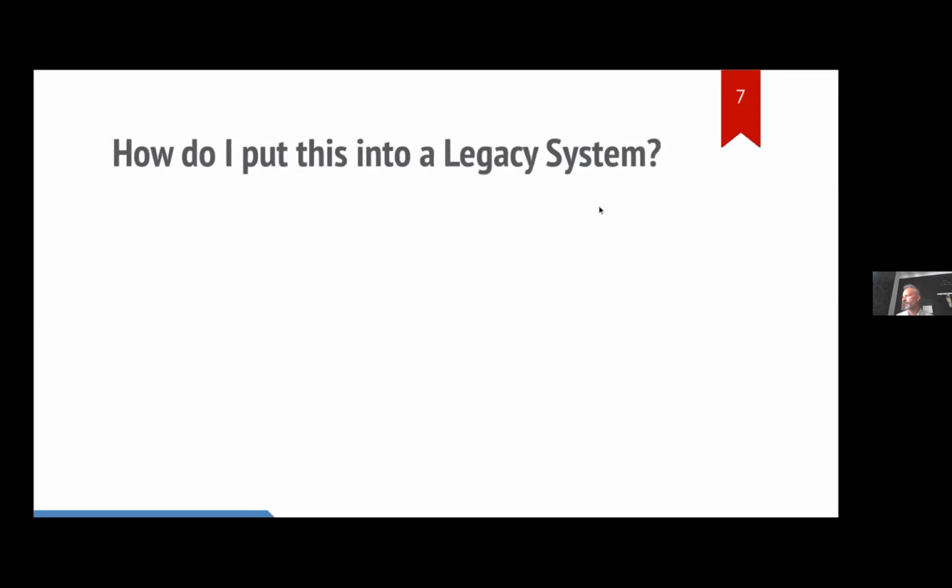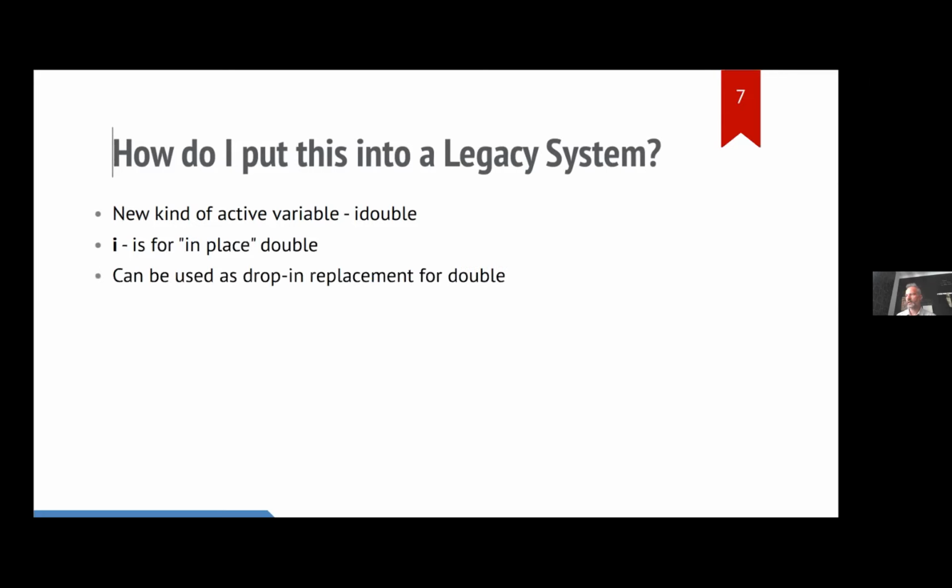So how do I use it in practice, when I have lots of old C++ lying around? Our active variable is different from anything you've seen before. Our active double we call IDouble, and the I is for in-place double. It can be used simply as a drop-in replacement for double.